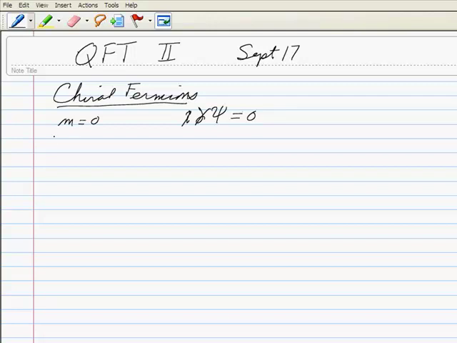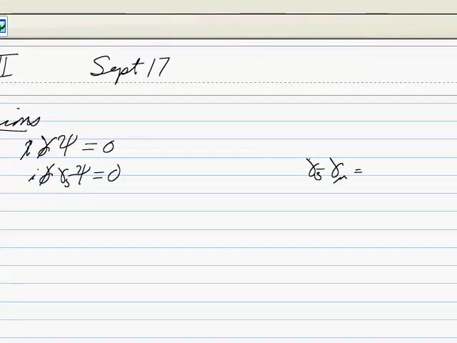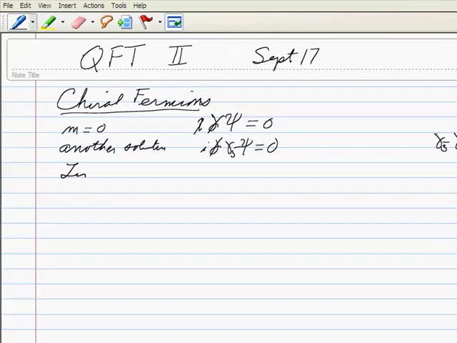There's another solution: i D-slash gamma 5 psi is equal to 0, because gamma 5 gamma mu equals minus gamma mu gamma 5. So it anti-commutes, so you just bring it through, and it's also a solution. So we can take linear combinations.